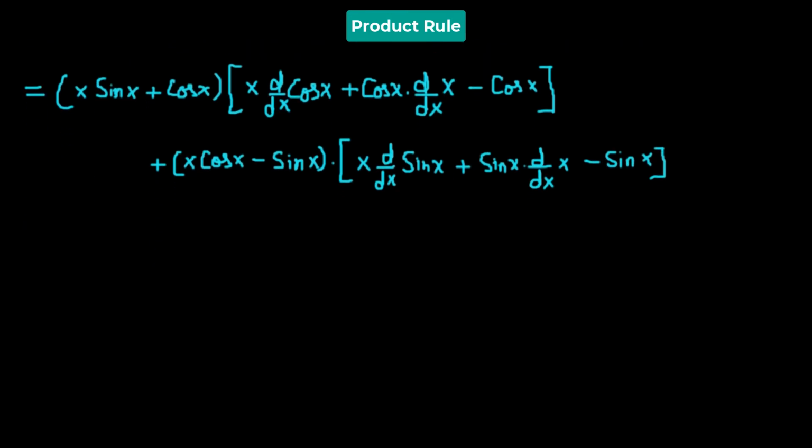So we have x sine x plus cosine of x multiplied to x times derivative of cosine of x.